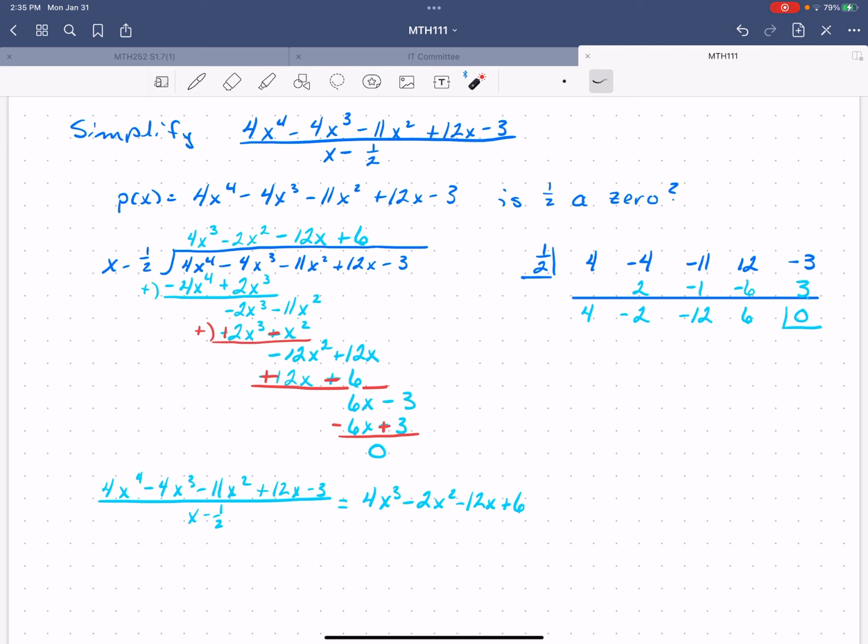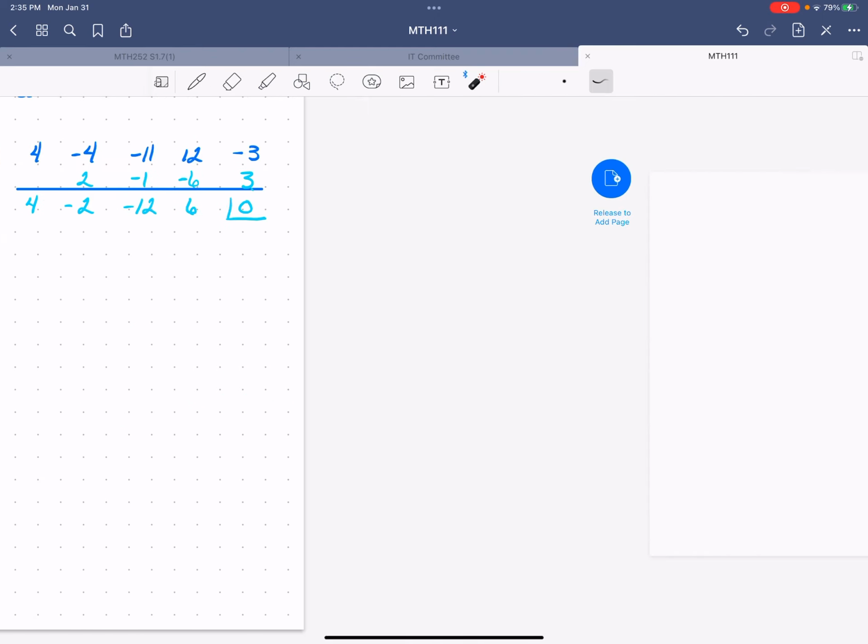Okay. Now I promised you one more with missing powers. So let's try one of those. Let's try this.